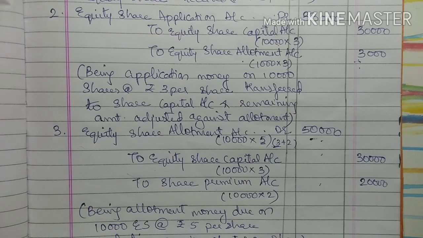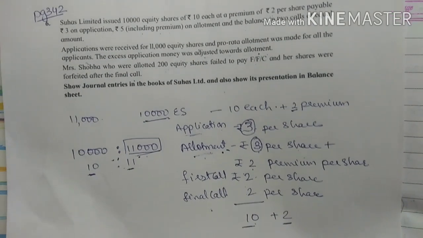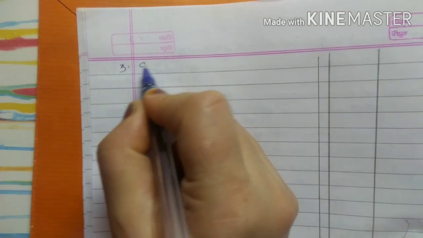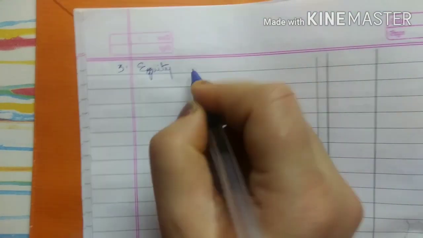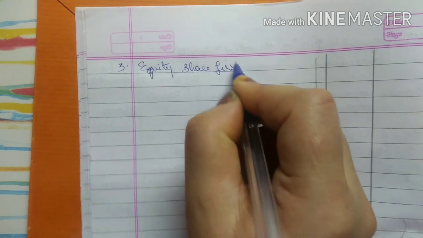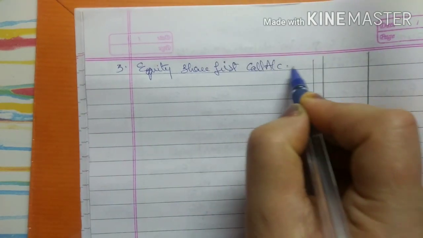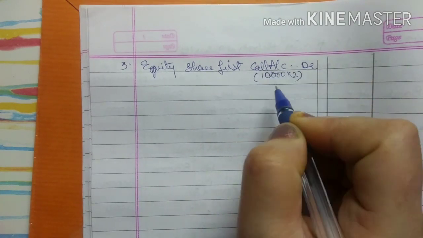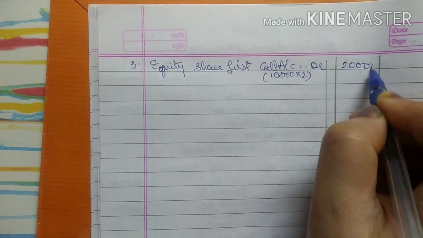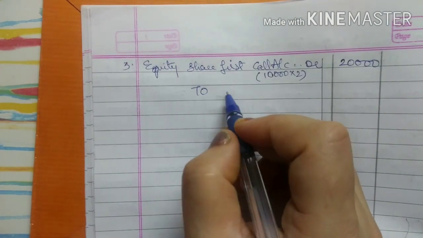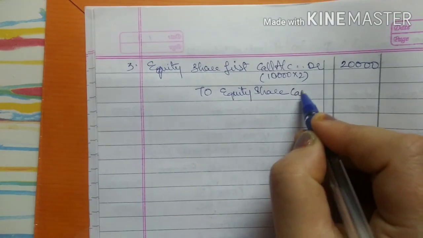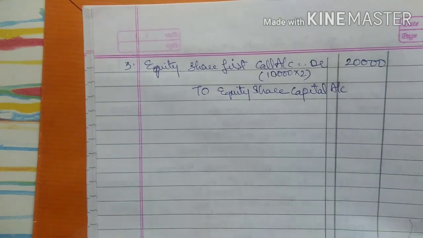Now the third stage is first call. On first call, the company will call up for 2 rupees per share. So the entry for this first call will be equity share first call account debit. So 10,000 were the shares and 2 rupee per share. So that will be 20,000 to, when it is called up, equity share capital account.